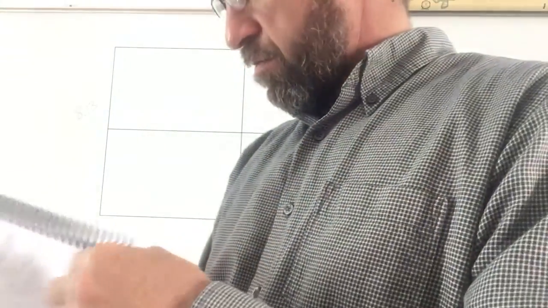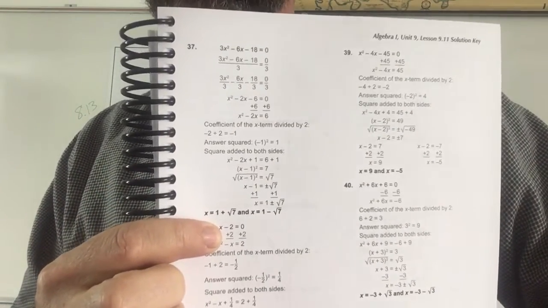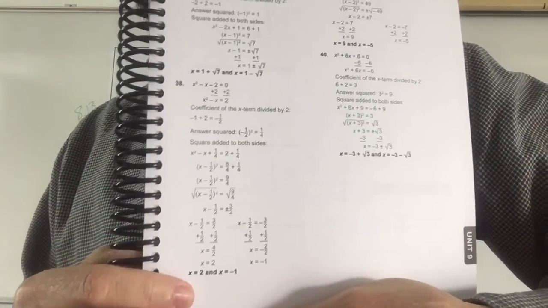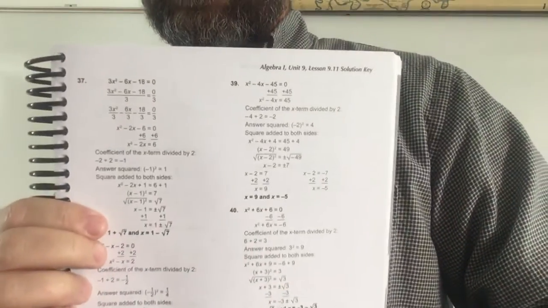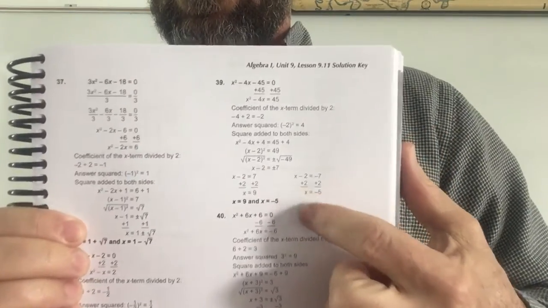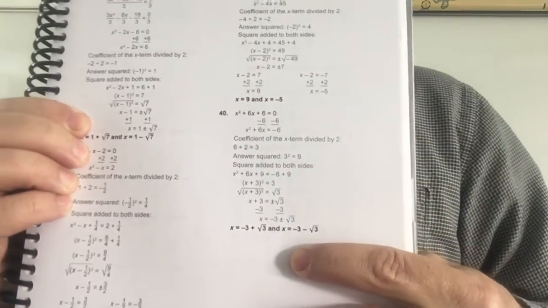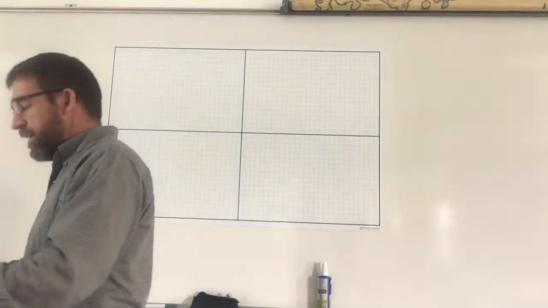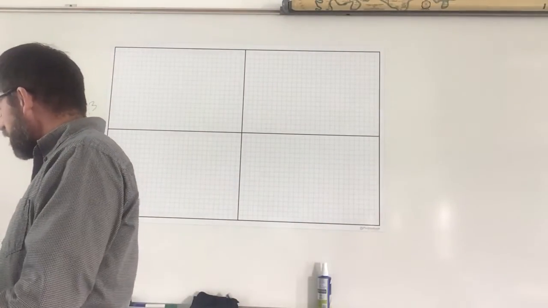Let me see if I can turn the page and get you 37. 37 should be right there. 37's answer. 38's answer is there. 39. I don't know. Did you do 40? There you go. You got a few more again today, so work on those.